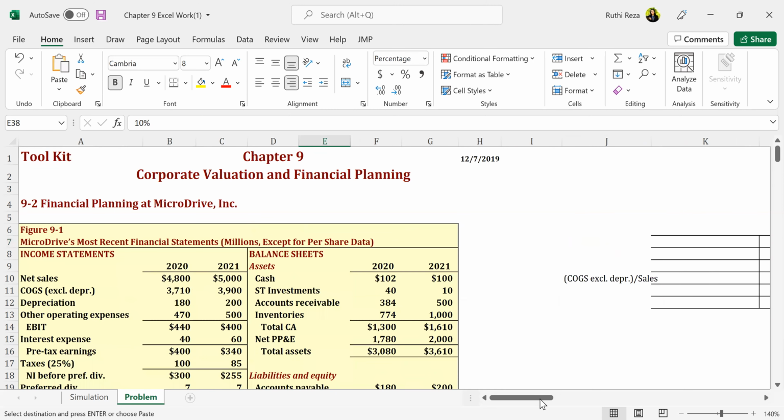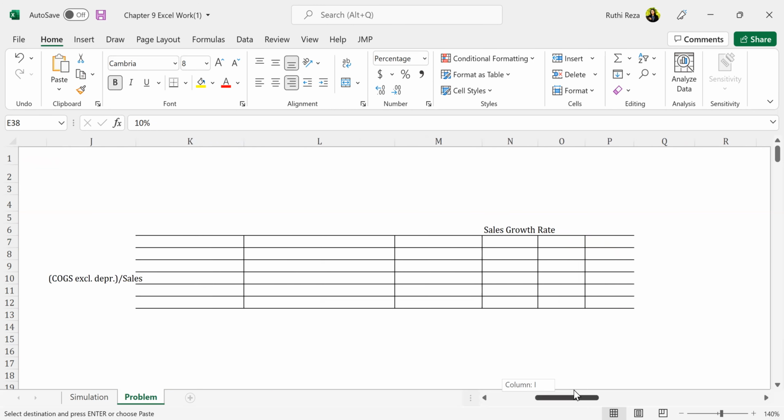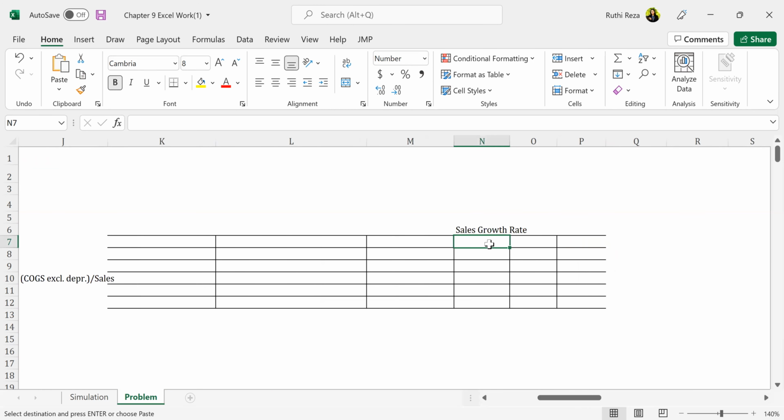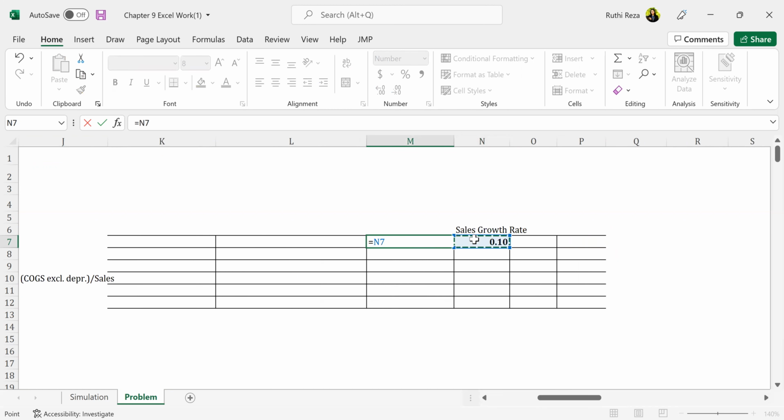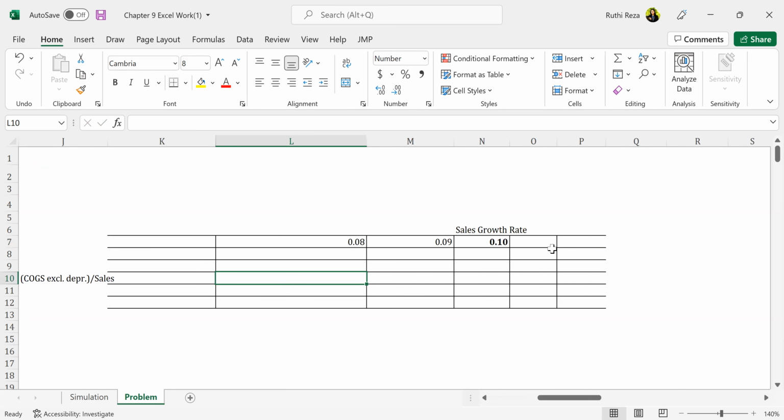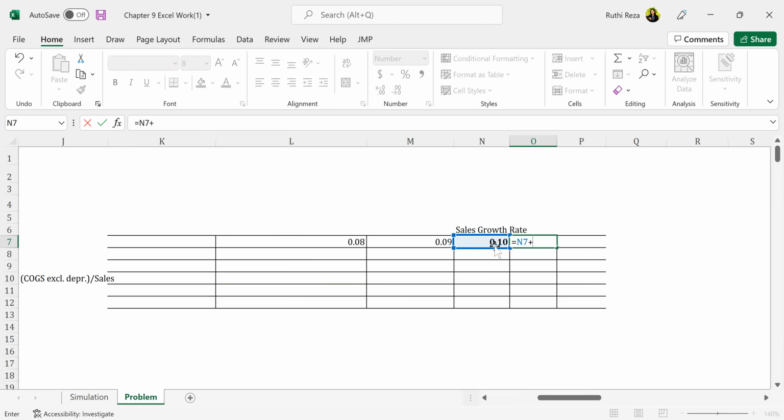And then I'm going to put it in the middle column here, 10%. Then I'm going to reduce it by 1% to the left cells, and then I'm going to increase it by 1% to the right cells.